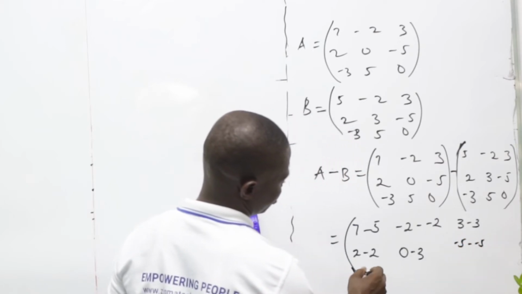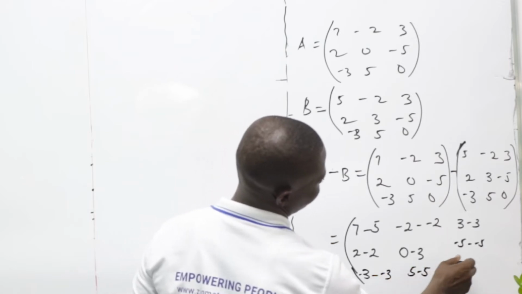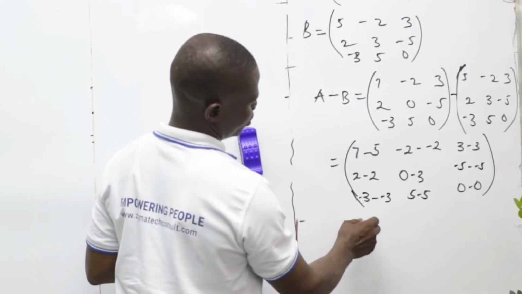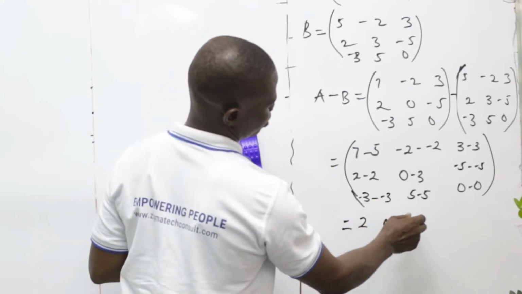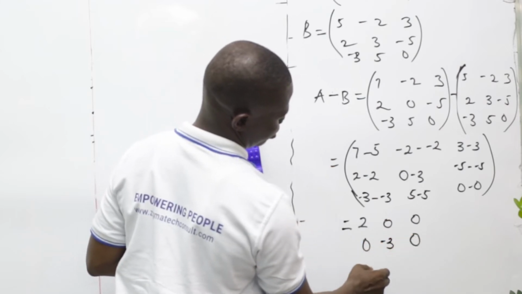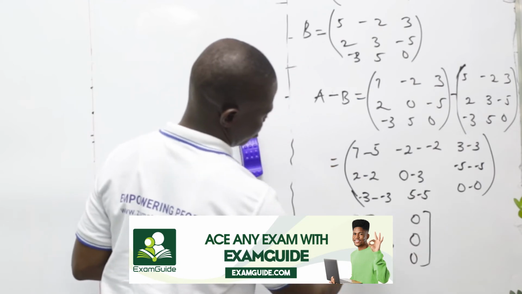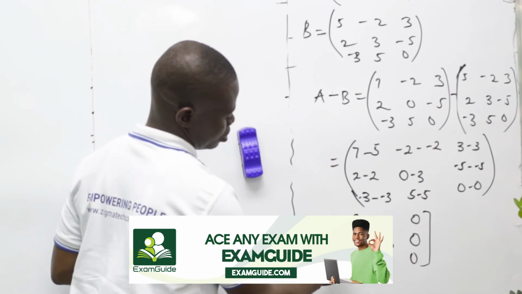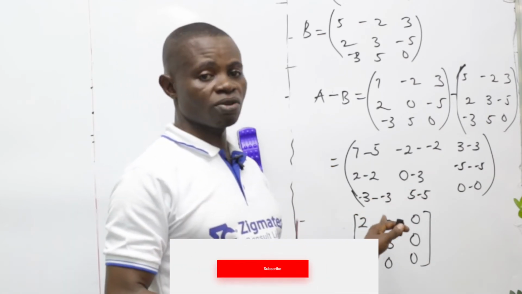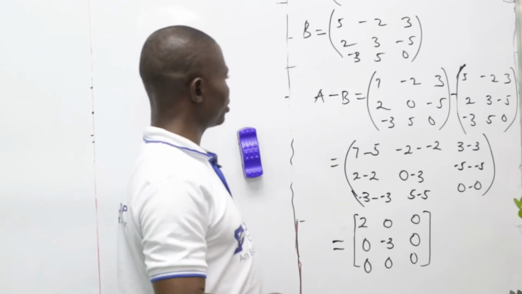Then minus 3 minus minus 3, 5 minus 5, 0 minus 0. It will give us 2, 0, 0, 0, minus 3, 0, 0, 0, 0. Look at what we have now as the solution. That is the result for the subtraction of matrices.